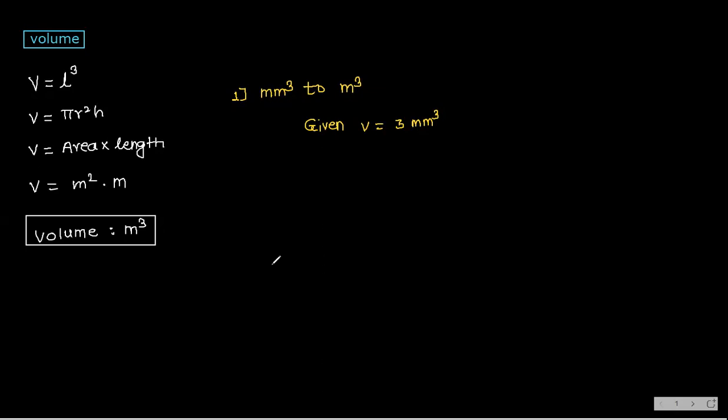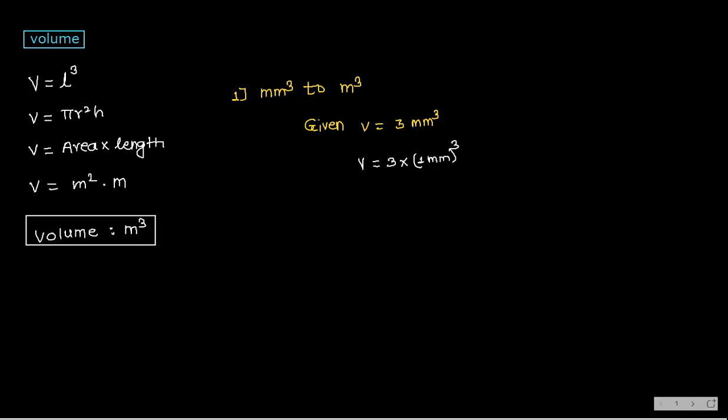Now this 3 millimeter cube we have to convert into meter cube. So how can we convert? V is equal to 3 into 1 millimeter whole cube. 3 millimeter cube means 3 into 1 millimeter whole cube.